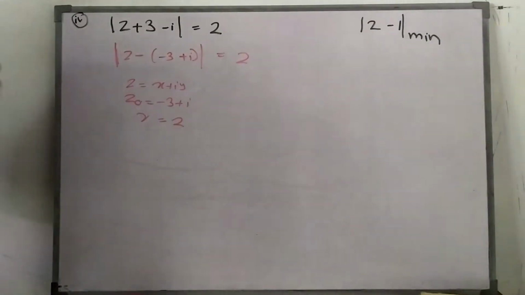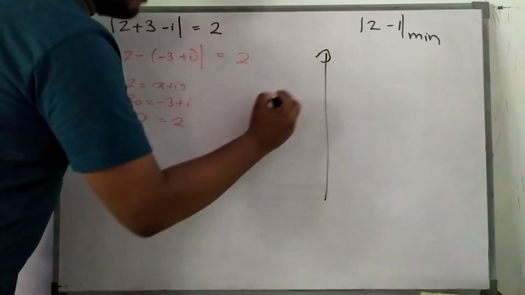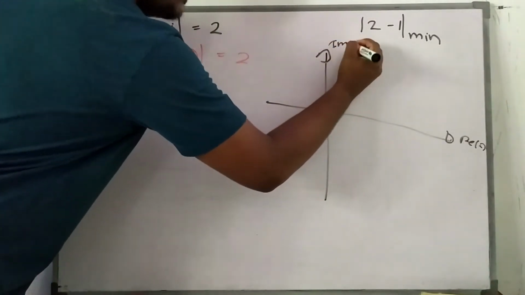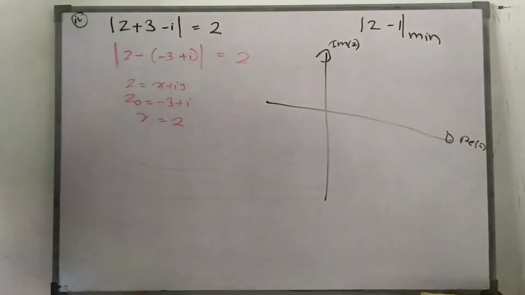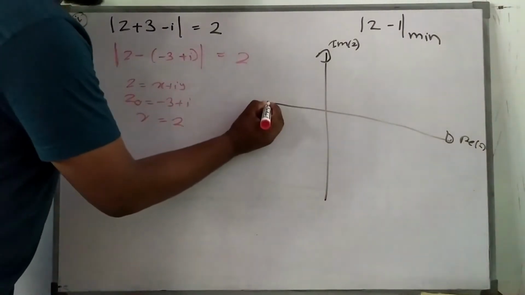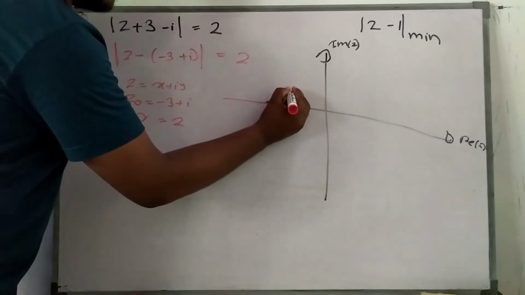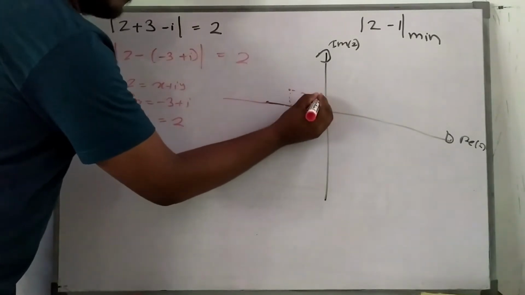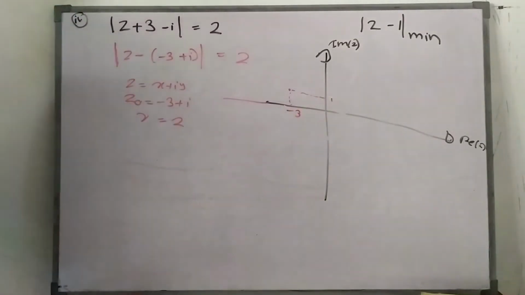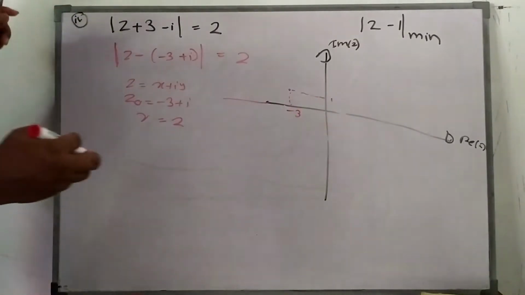So how to construct it? This is my real axis, imaginary axis, called the Argand diagram. So z naught is located at minus 3 plus i, it's over here, and the radius is 2, no?